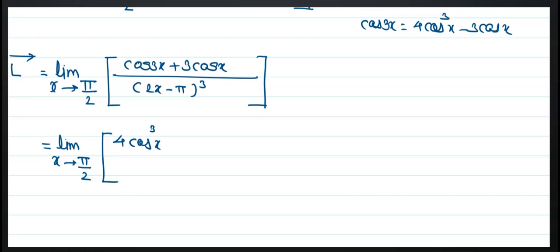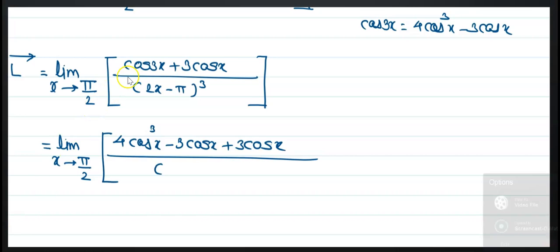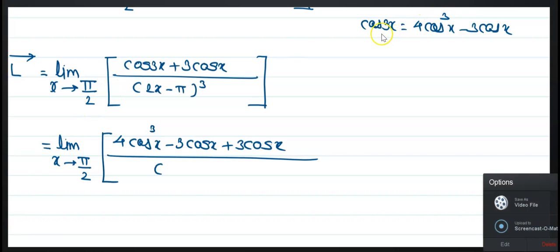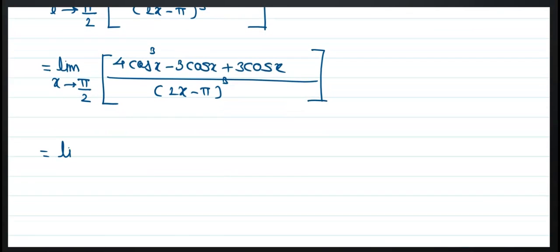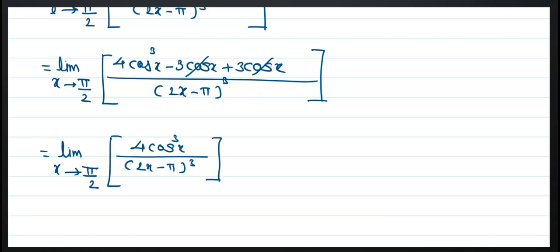we substitute the value of cos of 3x here. That is 4 cos cube x minus 3 cos x plus 3 cos x. Now here minus 3 cos x and plus 3 cos x get cancelled. Therefore, you will get the limit as x tends to pi by 2 of 4 cos cube x upon (2x minus pi) cube.